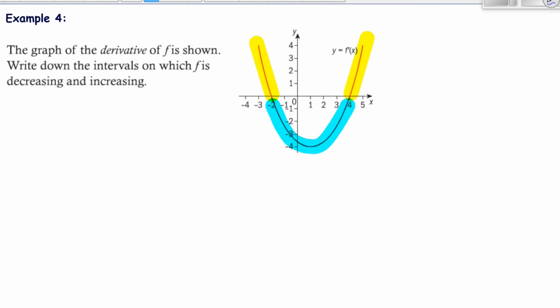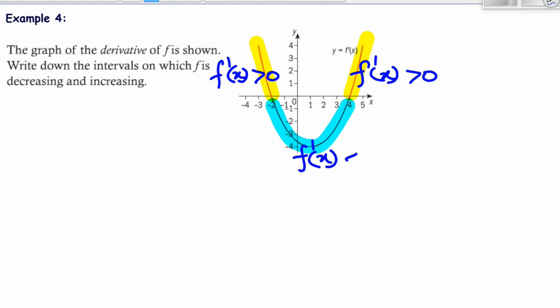So basically here is greater than 0, and here is less than 0. So we know that a function is increasing when the first derivative is greater than 0.